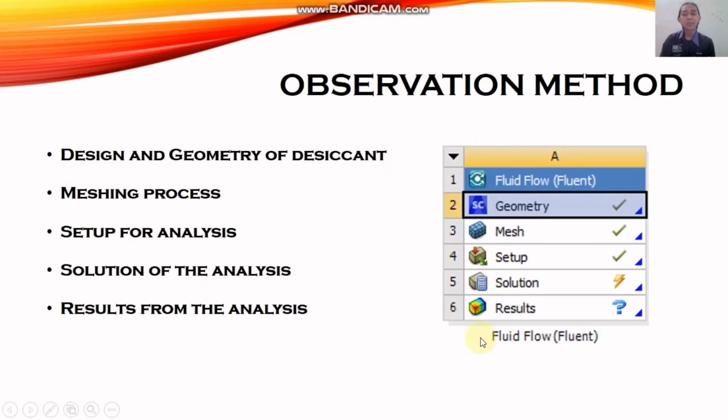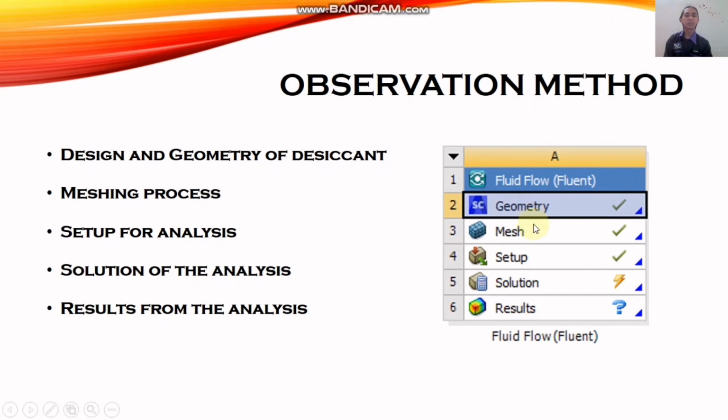Okay, observation method. The analysis starts with design and geometry of the desiccant. So this is the step for the analysis. We start by determining the geometry, and after we settle the geometry, we go to meshing. In geometry, we need to determine the volume of the whole desiccant.